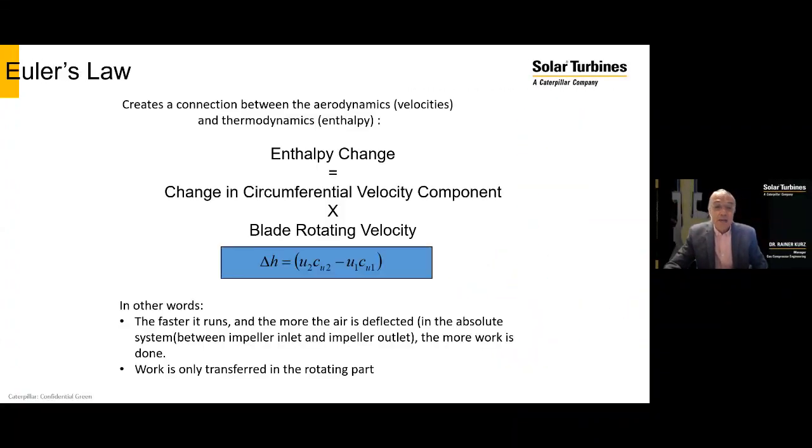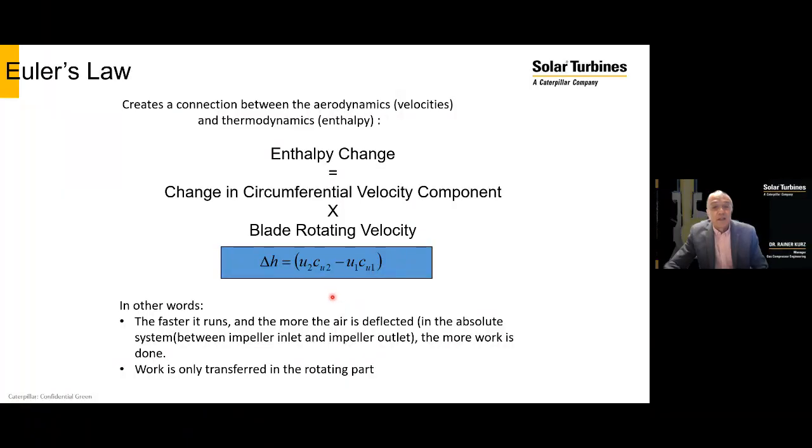Now, the guy who came up with all of that was a Swiss mathematician and researcher. And actually, he came up with that about 250 years ago. And he basically said, okay, the change in work, the enthalpy change, is essentially that change in direction that I force on the gas times the spinning velocity of the impeller or the blades.